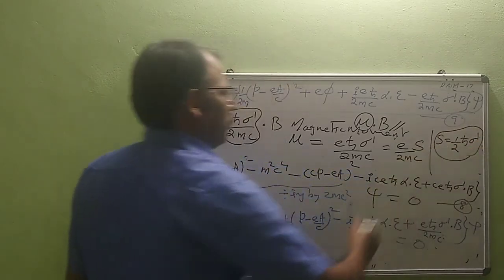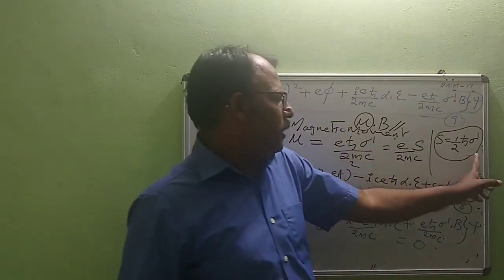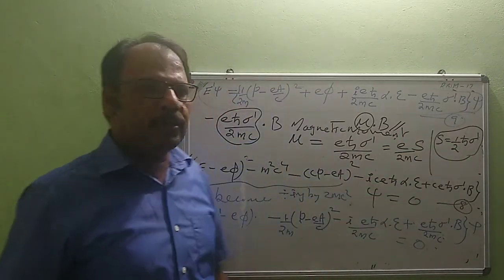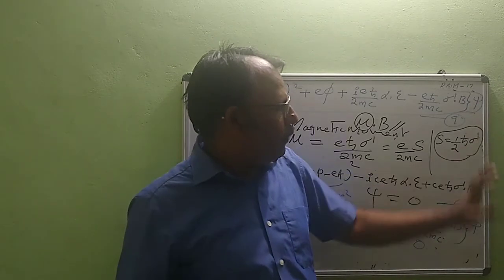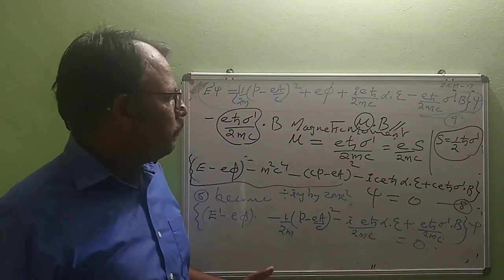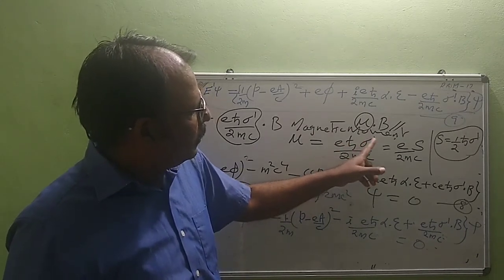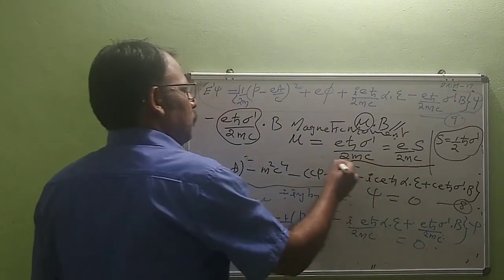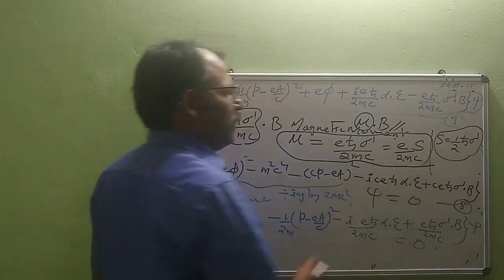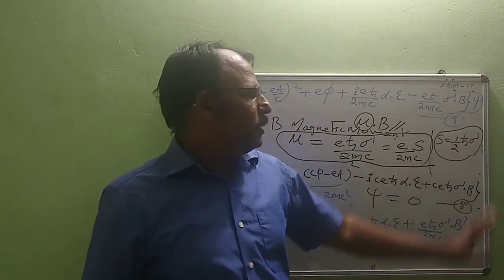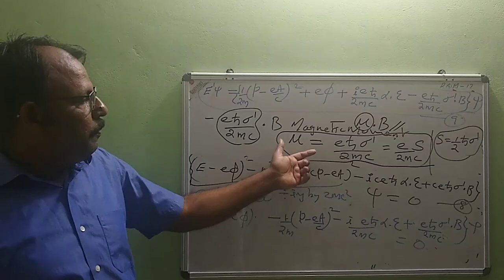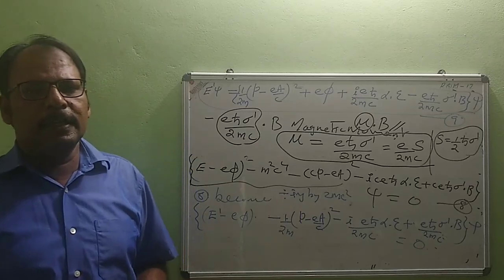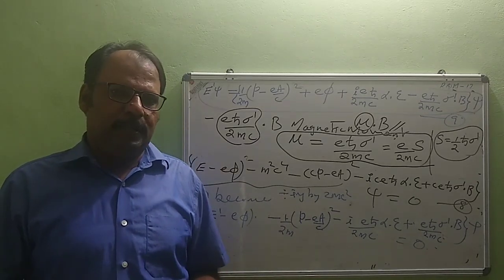Later we will show that the operator half h bar sigma prime represents the spin angular momentum. If half h bar sigma prime is the spin angular momentum, then the magnetic moment is given by eS by 2mc, where S is equal to half h bar sigma prime. So this is the expression for the magnetic moment of the electron, which we can obtain from the Dirac Hamiltonian in the case of electromagnetic potential. Okay, thank you.